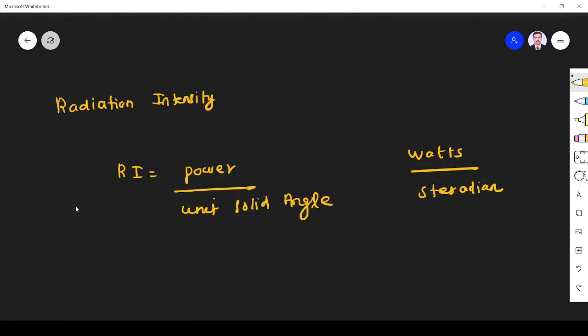So the unit of solid angle is steradian, and radiation intensity is given in watts per steradian. The symbol of radiation intensity is U of theta phi, that is given by power theta phi divided by solid angle d omega.